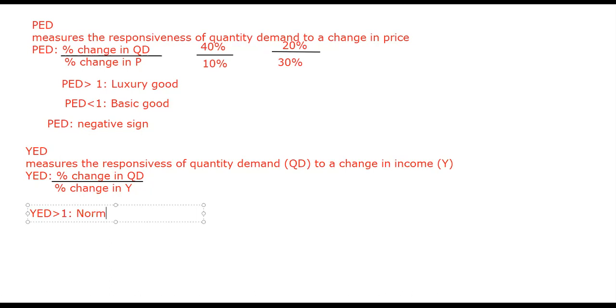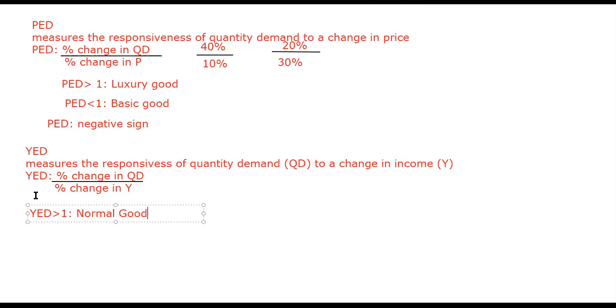So this is how you comment after you have calculated it. For a normal good, an increase in income causes an increase in demand. Remember, here we consider the signs. We only do not consider the signs with regard to PED. For YED and XED, we consider the signs.